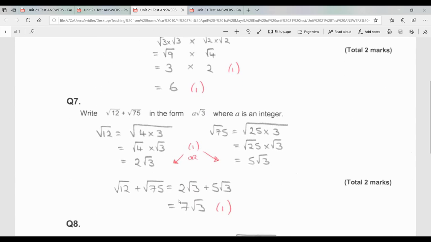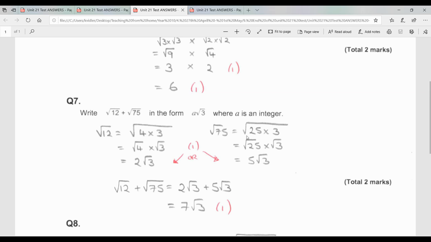Question 7 then, so it's our simplifying surds and being able to add them together. So if we start off with root 12, the biggest square number that is a factor of 12 is 4, so 4 times 3. Split it, so you've got root 4 times root 3. Square root of 4 gives us 2, so 2 root 3 is our solution on that part.